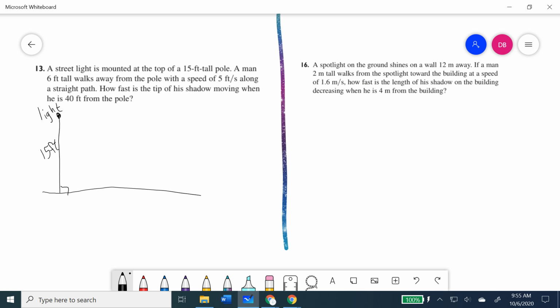I don't know why they always have a man walking, but women walk too, but whatever. In number 13, we have a 6-foot tall human. They're walking away from the pole with a speed of 5 feet per second.